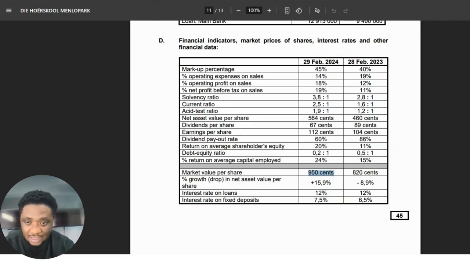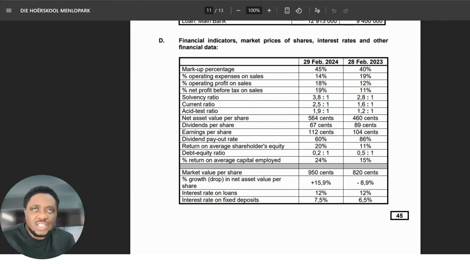The other thing we can look at is the net asset value per share, which is basically the intrinsic value of the shares. The net asset value is 564 cents.